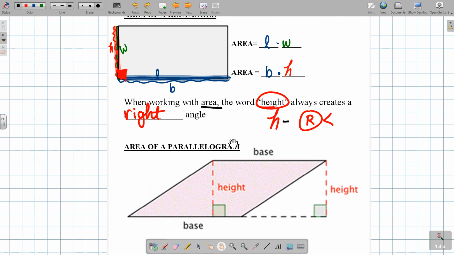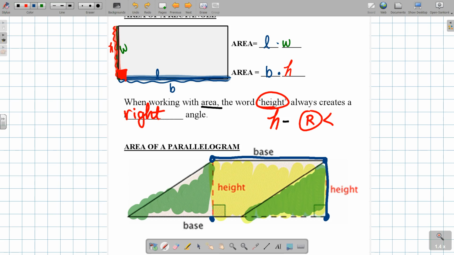Now, a parallelogram, if you notice, is essentially just a rectangle pushed on its side. Because if you take a moment and shade this leftover triangle, and now bring it over here, you see that this rectangle would be base times height.